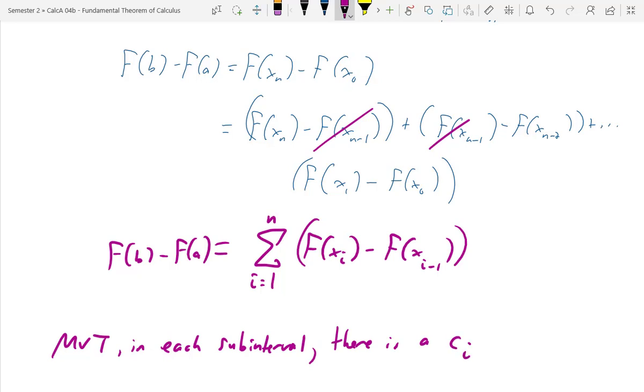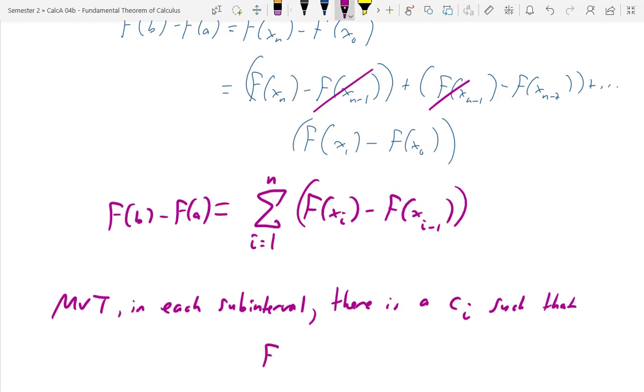So what I'm saying is there is some value in there, some c sub i or x value, such that the derivative at that c sub i value is equal to the slope at the endpoints.